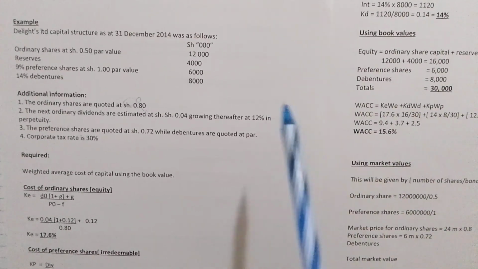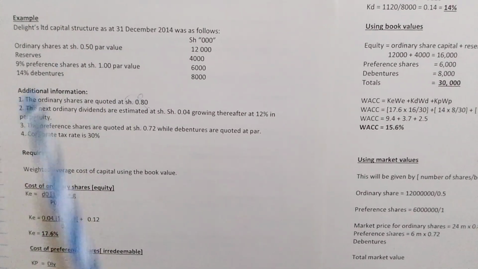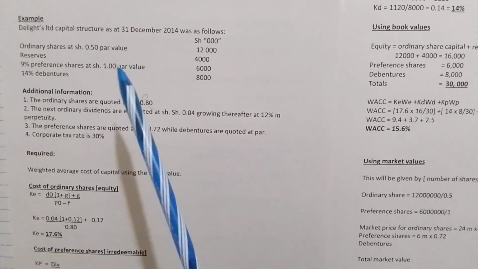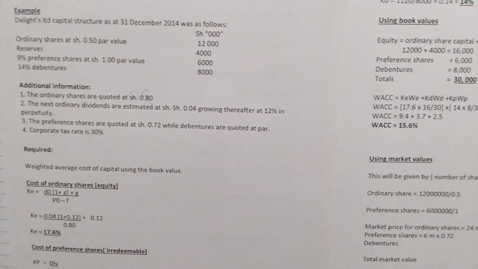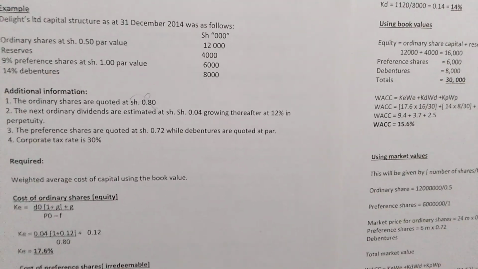So whereas 0.50 is the book value, the par value or the nominal value, which remains constant, 0.80 is the market price of that particular ordinary share.